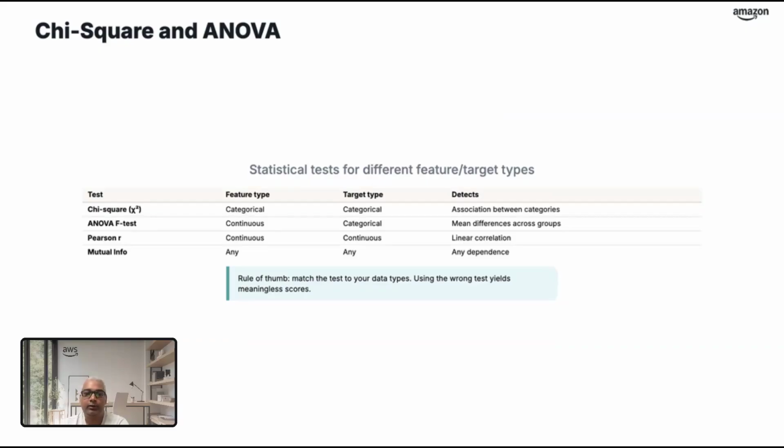And finally, we can also perform chi-square or ANOVA type tests. If both the target and the feature type are categorical, then we can go for chi-square. If it's a continuous target and a categorical feature, we can go for the ANOVA F test. If both are continuous, we can go for a Pearson test.